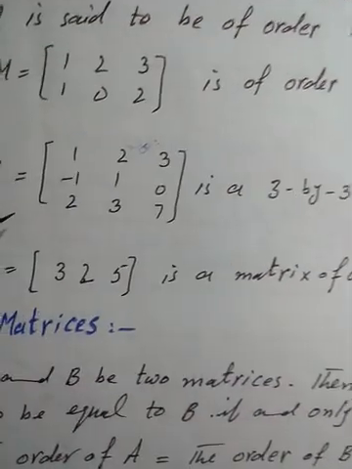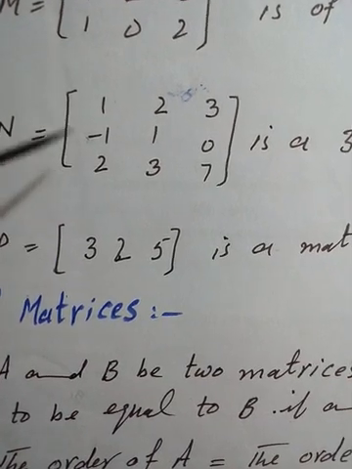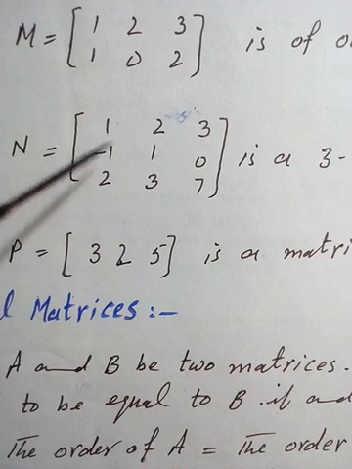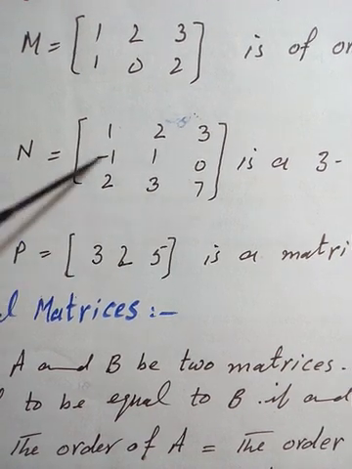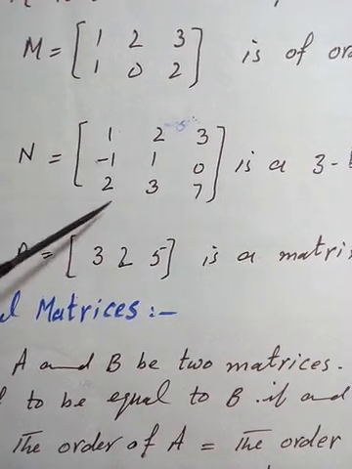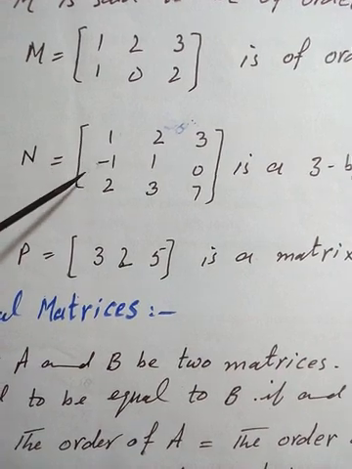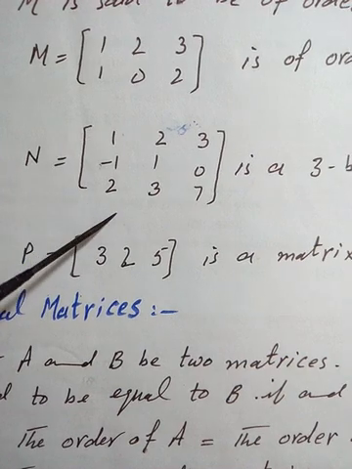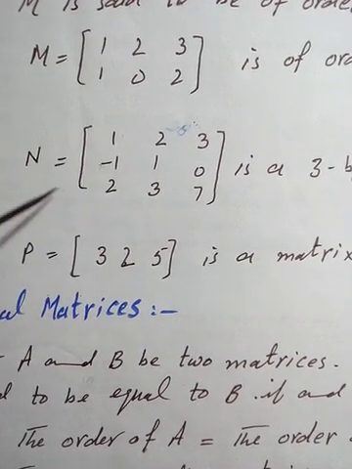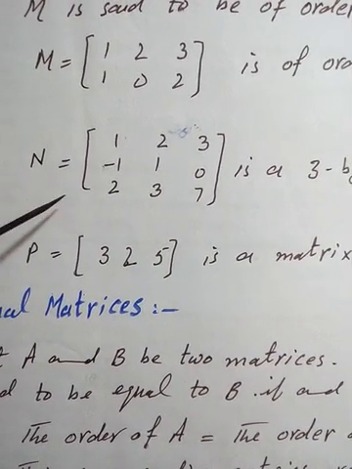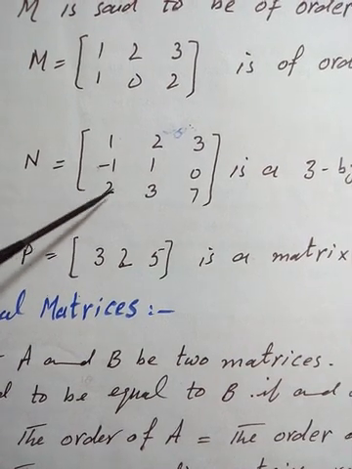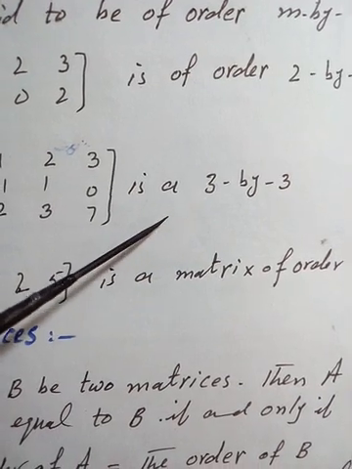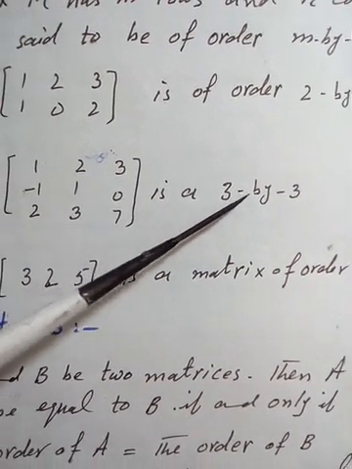Next we take another example. First we mention the number of rows: 1, 2 and 3, so there are 3 rows, and the number of columns, the vertical arrangement of elements, is also 3. So the order of this matrix is 3 by 3.